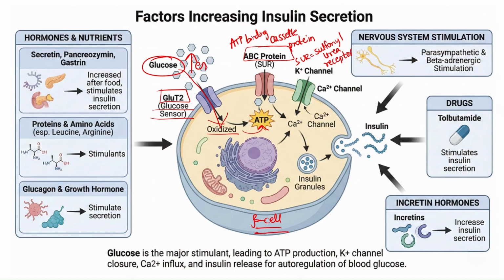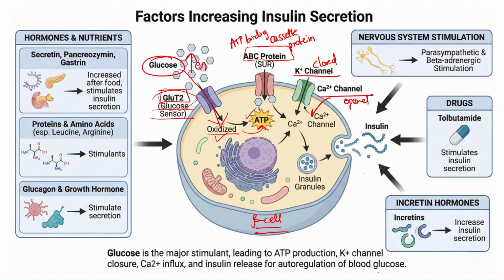So the glucose levels are increased, taken up by the beta cells through the GLUT2 sensing mechanism. Glucose inside is oxidized, more ATP is produced. The ATP will stimulate the ABC protein, which is a sulfonylurea receptor. Simultaneously, the potassium channels are closed and calcium channels are opened.